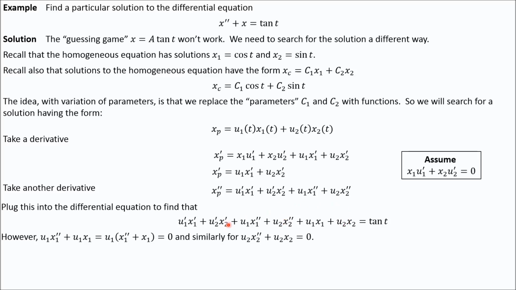So we're just left with these two terms. So we conclude that this would have to be true if we are to have found a solution to our differential equation. So our goal then is to find functions u1 and u2 such that this is true and this is true.